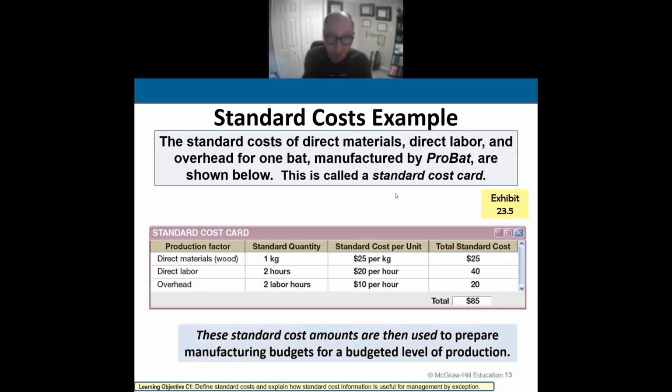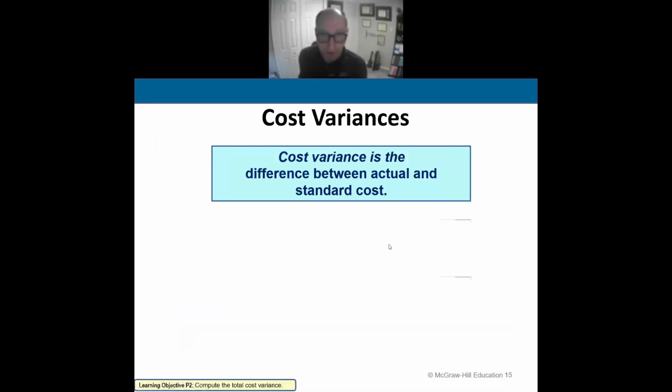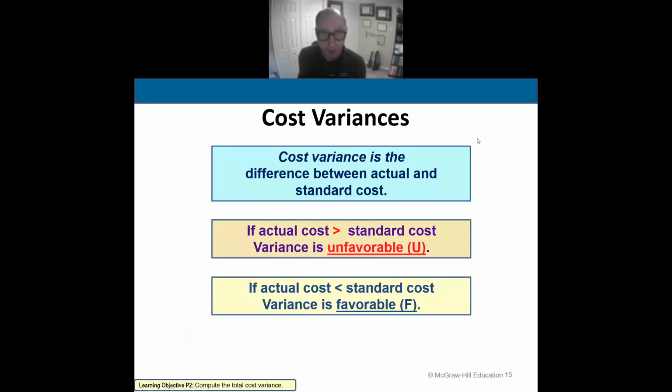Now that we know what the standard costs are, we would then identify the actual costs and find variances. So let's find those variances. A cost variance, as I said earlier, is the difference between the actual cost and the standard cost. Actual minus standard, or budgeted amount, is how we find the variance.